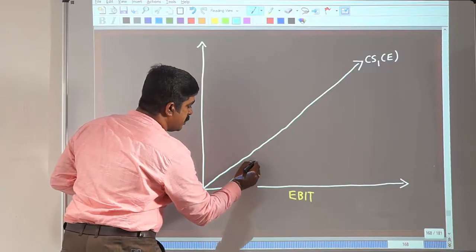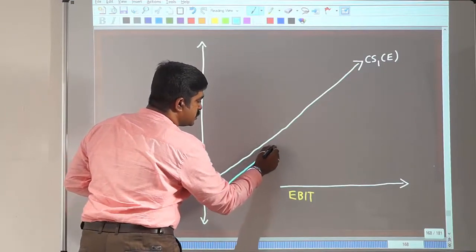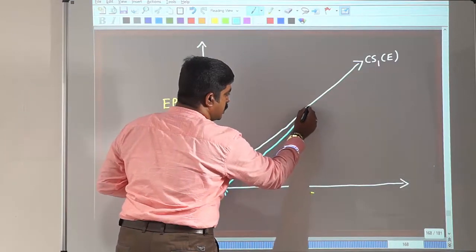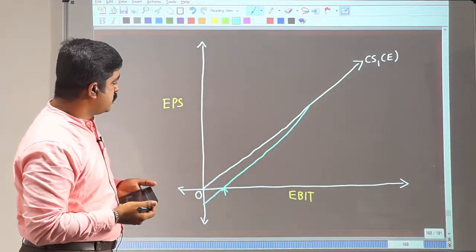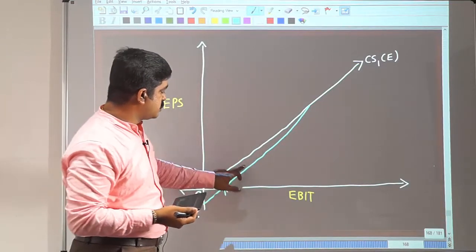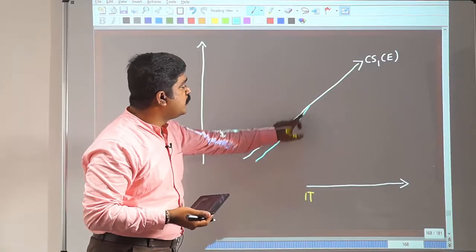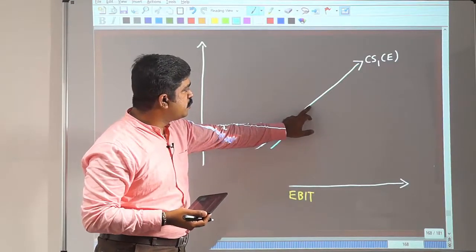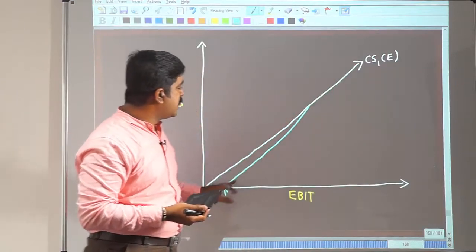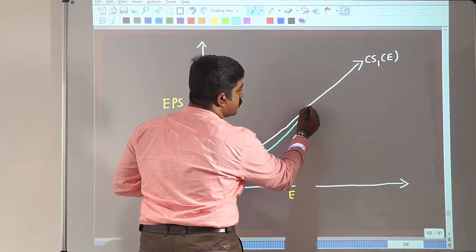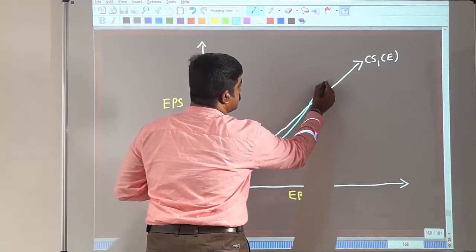When your EBIT increases, your EPS also increases, and it goes and goes, and it will reach a particular point where this line, that is your debt structure, will meet your equity structure. So there is an intersection between your capital structure 1 and capital structure 2, and beyond this, this line will go up.